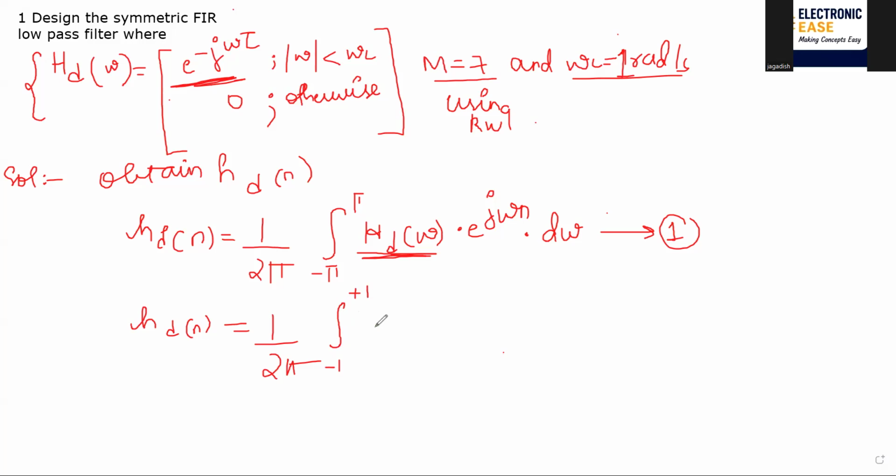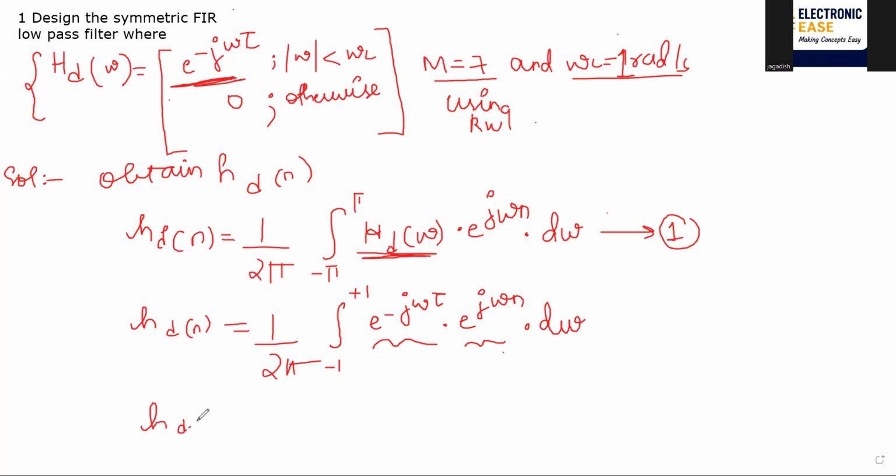Into HD of omega, which they have given in the problem as e to the power of minus j omega tau, into e to the power of j omega n, into d omega. Now if you observe in these two terms, j omega is common. So I will be taking it outside the bracket.